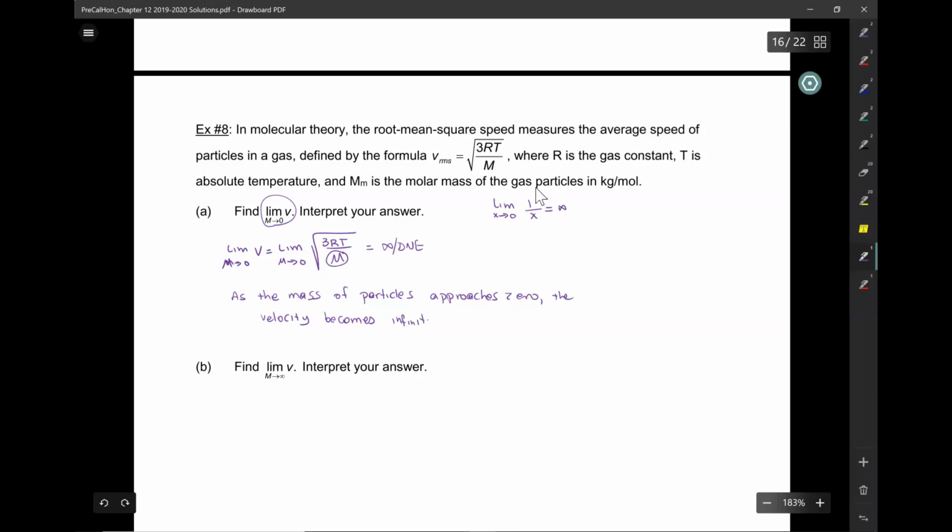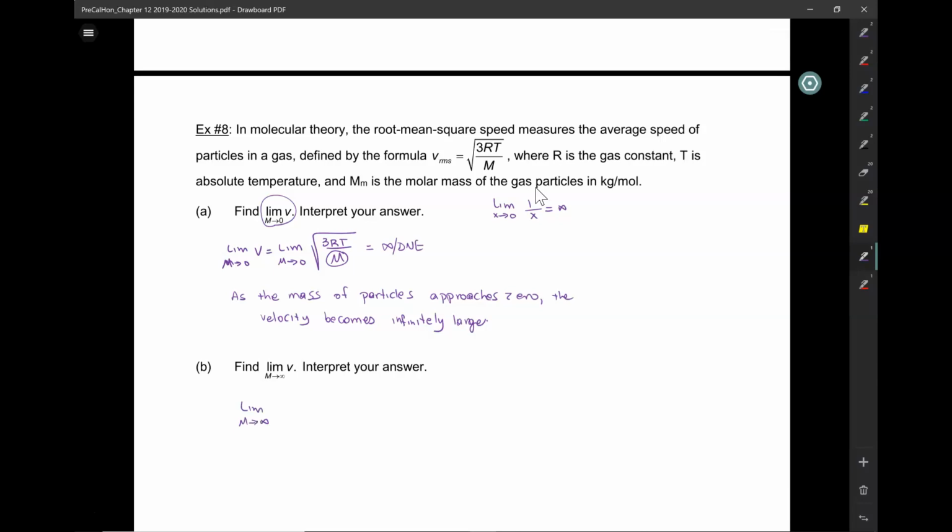Does that make sense? If a particle is so tiny it travels super, super fast, that totally makes sense. Find the limit of V as m approaches infinity. We never saw that one coming.